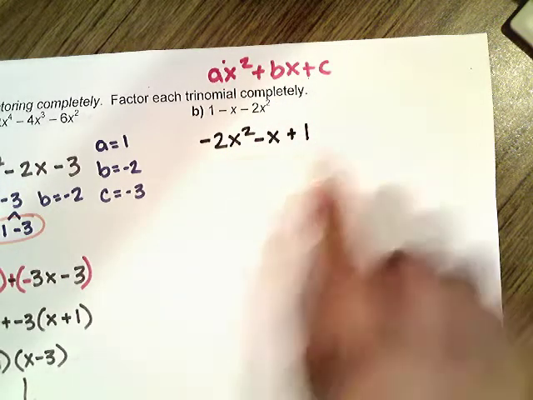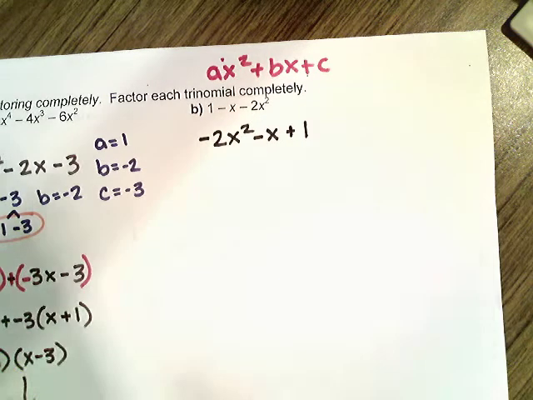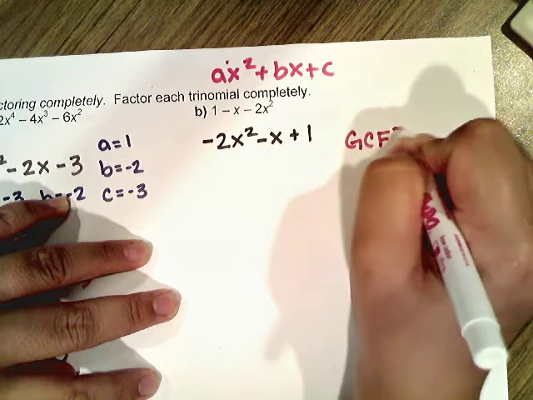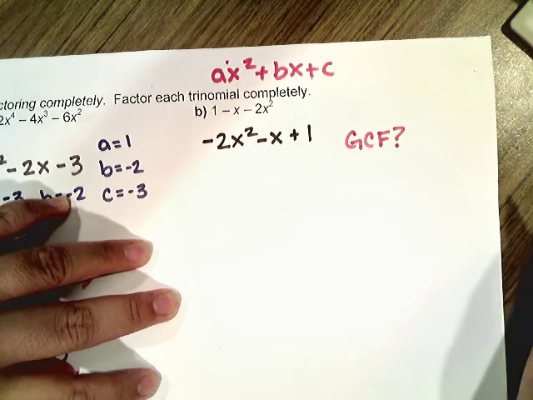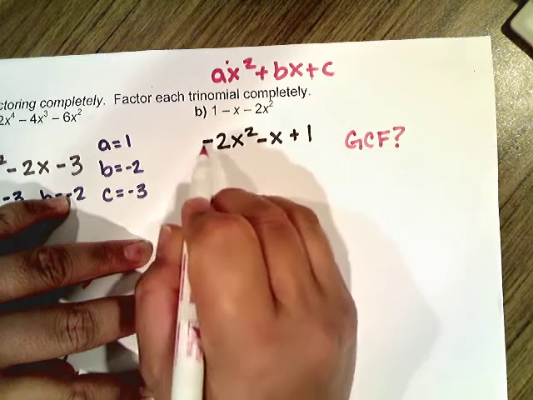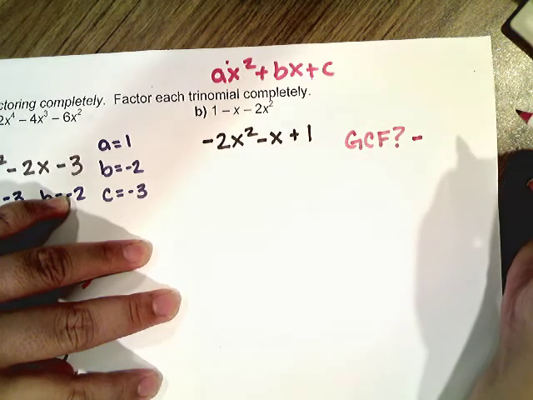So now that we've written it in standard form for a trinomial, we want to identify if there is a GCF. And if so, what is it? Well, there's no numbers that stand out. However, because the leading term is negative, we are going to need to bring a negative out with the GCF.